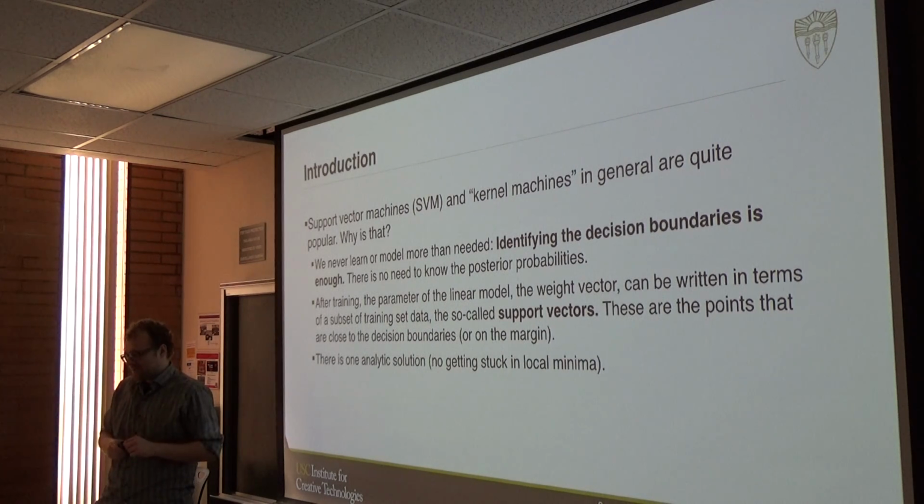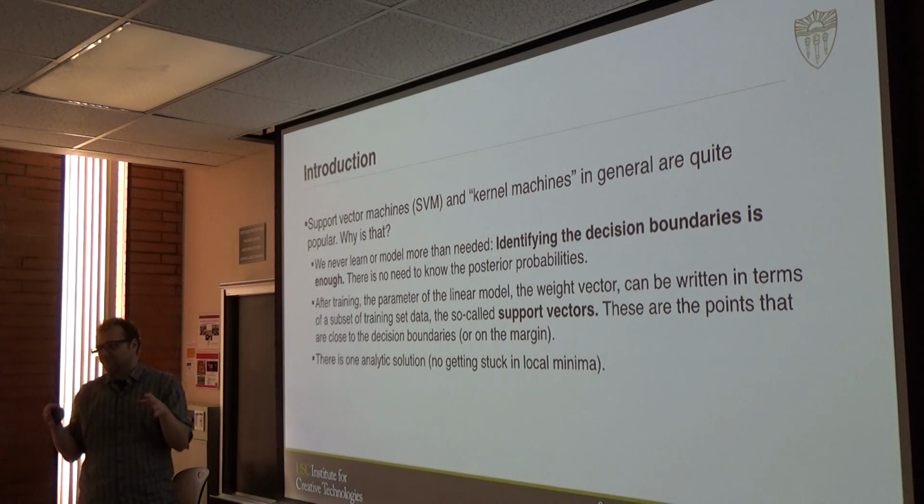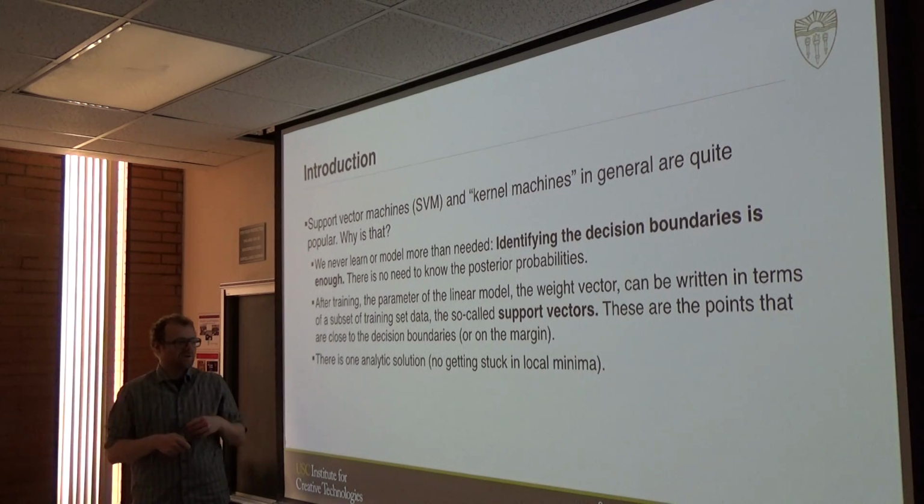But through a trick, we're going to show that we can transform this problem from a dimensional optimization problem to a number of observations optimization problem. So the number of training samples is going to be the bottleneck, and that's going to be a problem later on.